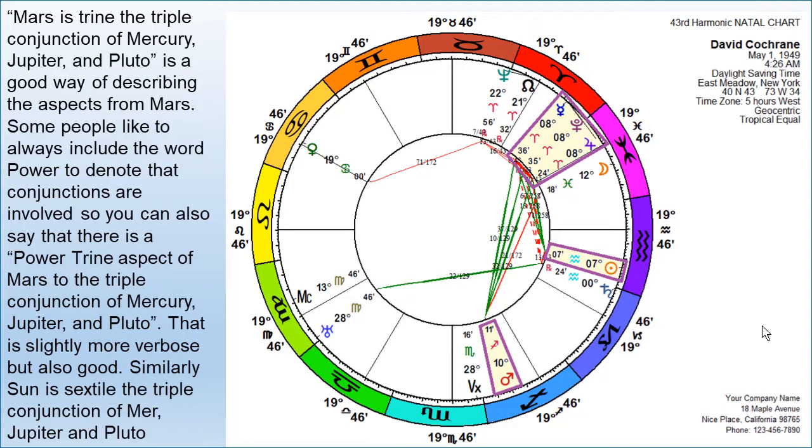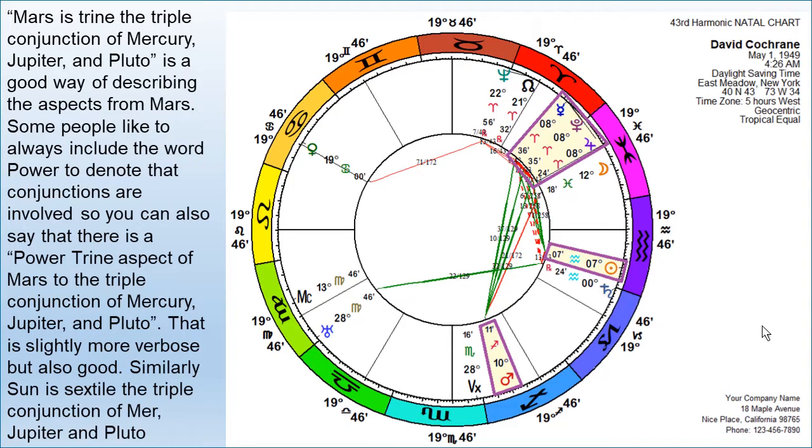That word power does make it even clearer, reinforces the fact that we're talking about conjunction, one or more planets conjunct, that's adding to something that normally would just be much simpler. So instead of this just being a simple trine between 2 planets, it's a power trine. So that's optional.